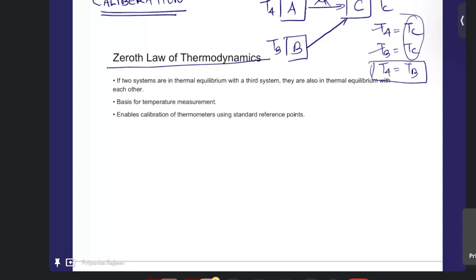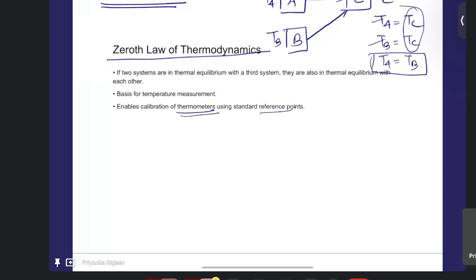Where this application happens is basically in thermometers. Thermometers use a standard reference point, which is usually the triple point temperature of water.